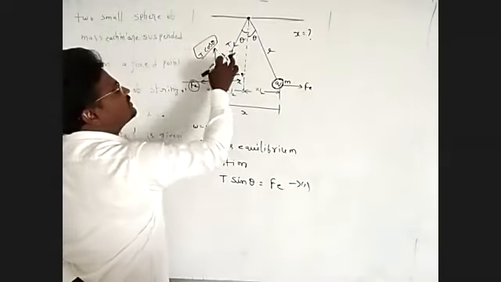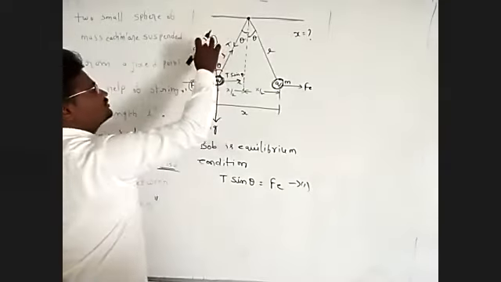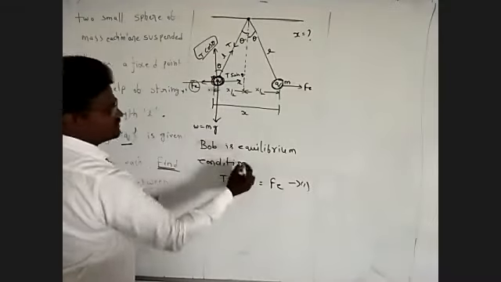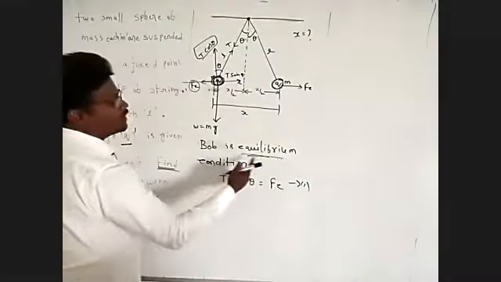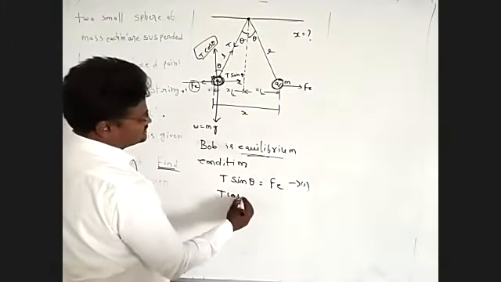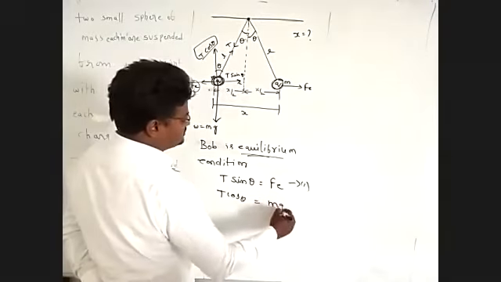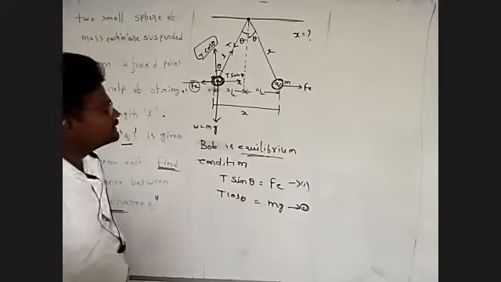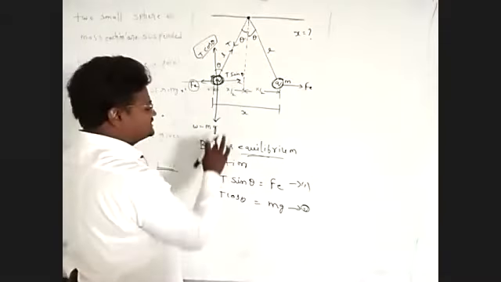T cos theta pulls the bob upward. Both are equal and opposite in direction. The bob is at rest. That means equilibrium condition. Now equilibrium condition means T cos theta is equal to mg. Now we call this the equilibrium condition, and here the bob is at rest.